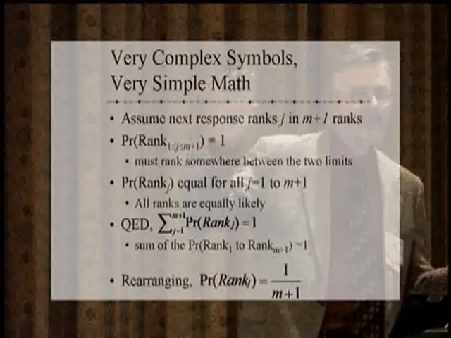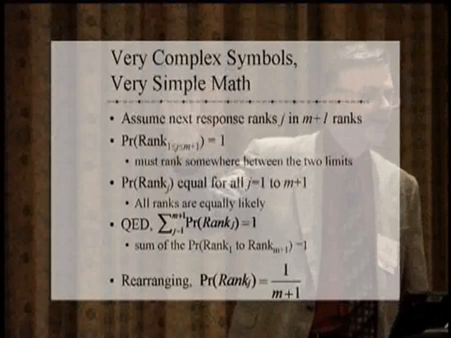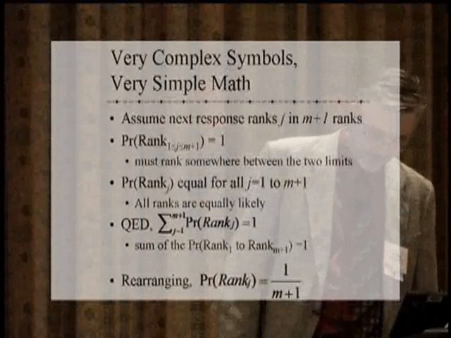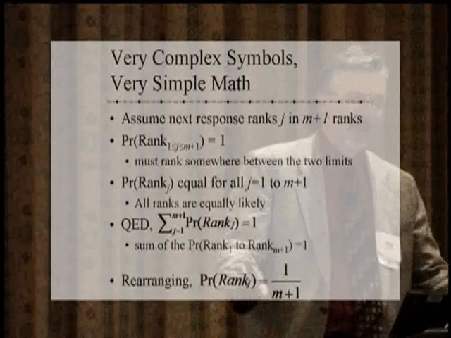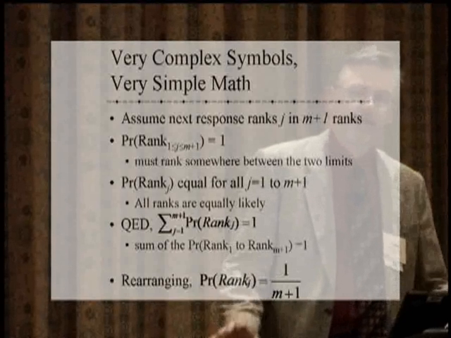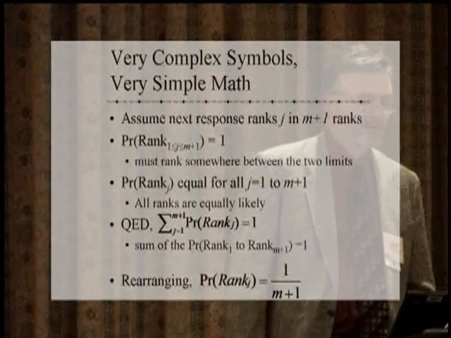Because it's a SQAB, I'm required to put intimidating math symbols on the side. But this is very simple math. This isn't really even math. Let's assume that the next response ranks J in the m plus 1 potential ranks.